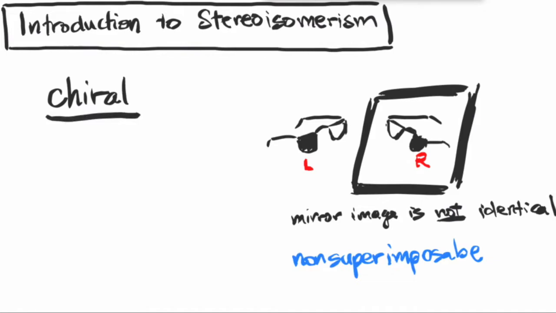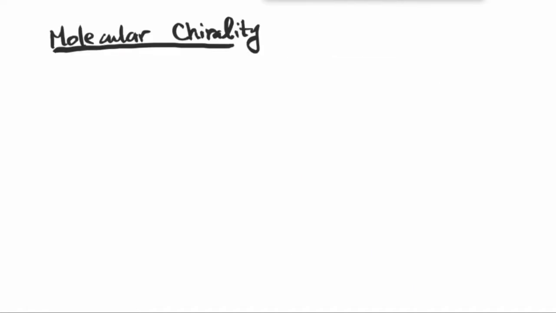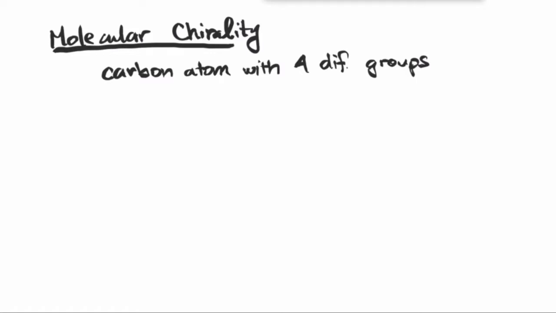And in fact, molecules can also be chiral. And we will spend the rest of this chapter looking at the chirality of molecules. And because this is an organic chemistry class, we will pay a special attention to carbons. And it turns out a molecule where there is a carbon with 4 different groups attached to that one carbon will have this property of chirality.